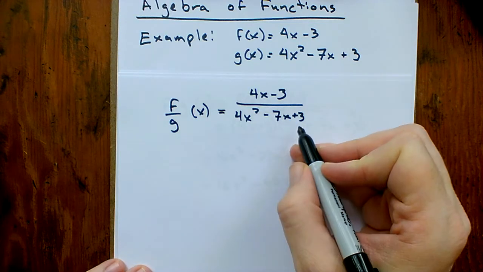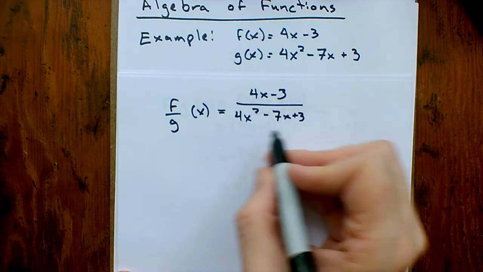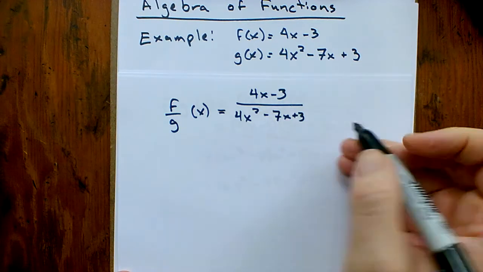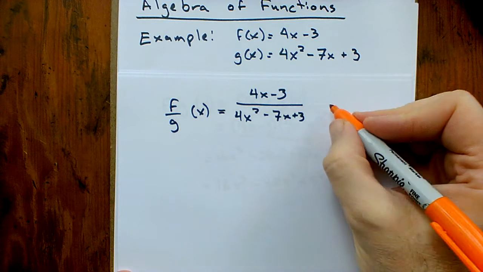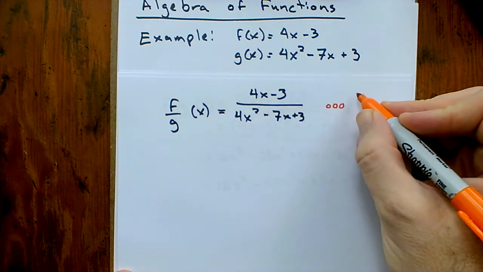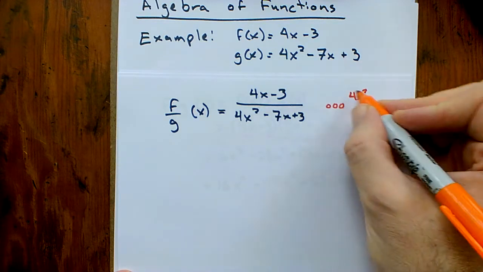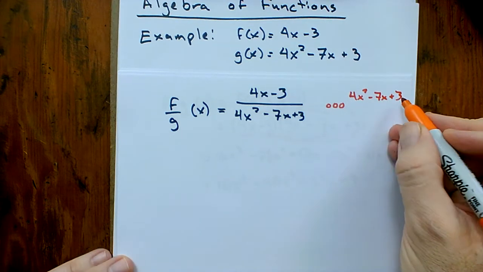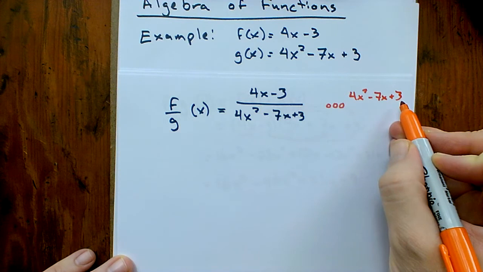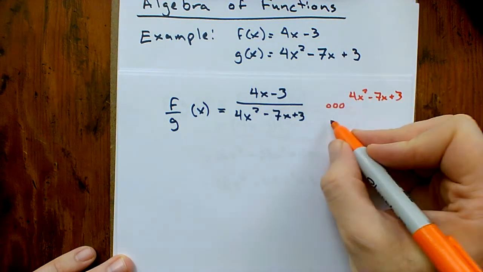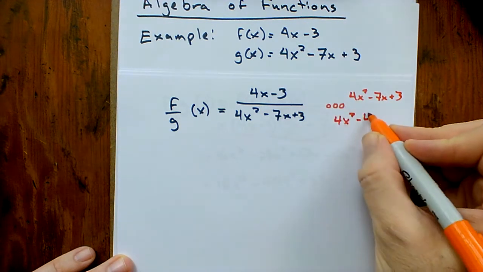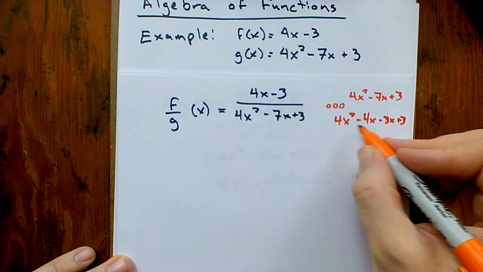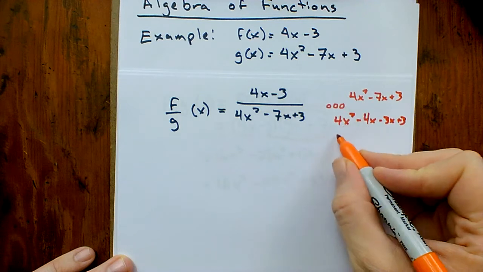It's a little hard to tell if I could actually do something with this and maybe factor it. Here I'm going to say, well, 4 times 3, just thinking about this, what's going on with that 4x squared minus 7x plus 3? 4 times 3 would be, of course, 12, and actually negative 4 plus a negative 3 would be a negative 7. So I could split this up and say, oh, that's like 4x squared minus 4x minus 3x plus 3. And I'm factoring by grouping here. So here I can take a 4x out.